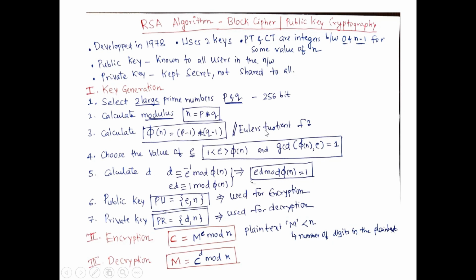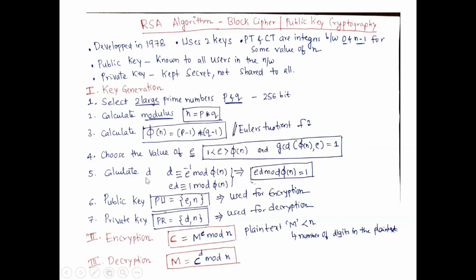Then choose the value of encryption key E in such a way that E should be greater than 1 and E should be less than phi of n. The most important condition for choosing the integer E is that GCD of phi of n comma E equals 1. This is most important in the RSA algorithm whenever you select an integer E.